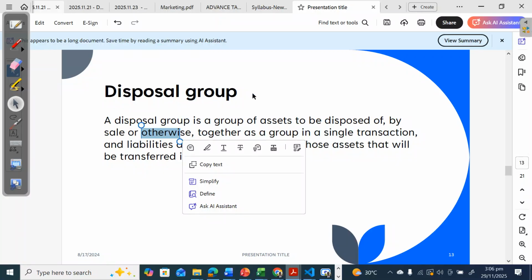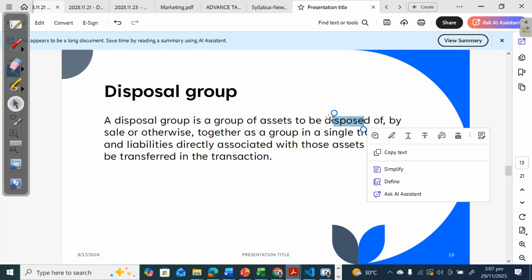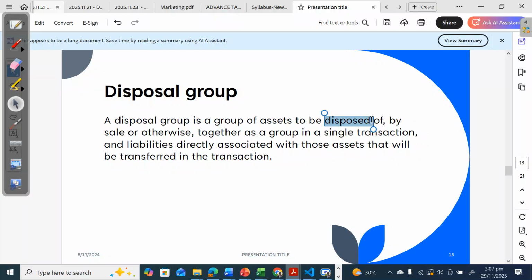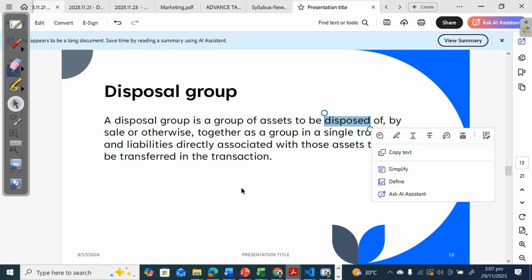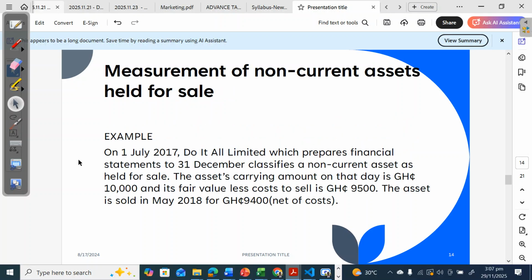The bottom line is we are disposing of them, and the way we dispose of them is up to us. We are disposing of them together as a group in a single transaction. So that's a disposal group.